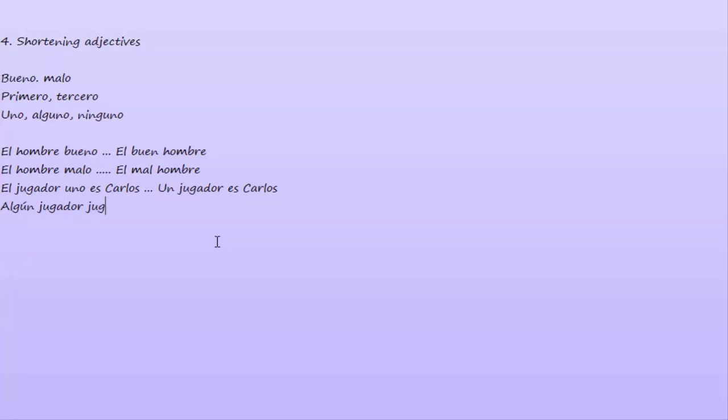Algún jugador jugó mal, let's say. Okay, so some player played bad. We can use ninguno also in this position. For example, ningún, remember it drops the O. Ningún jugador jugó bien. Okay, no player played well.